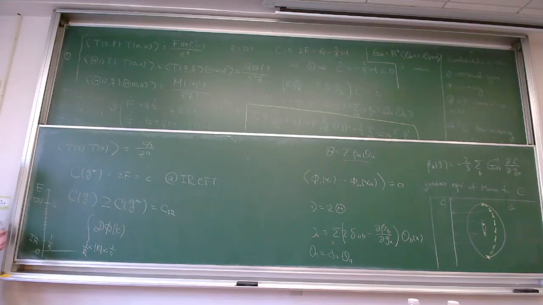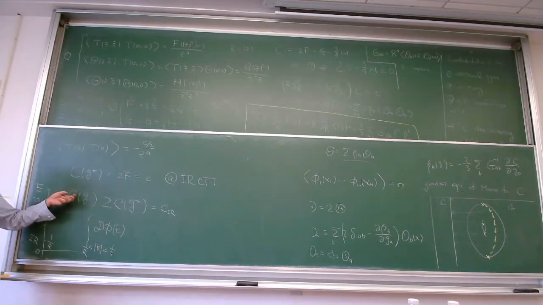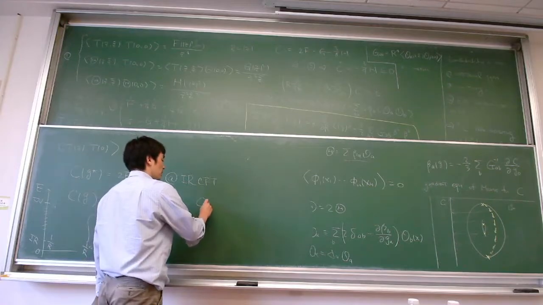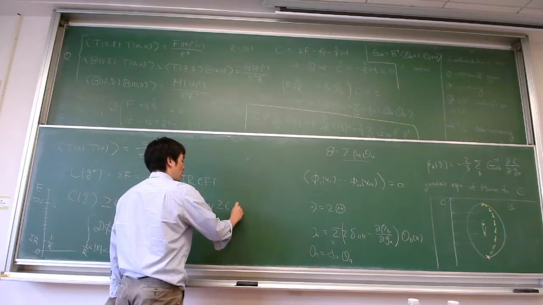So you integrate out, and you lose some information. So C can be understood as the quantity that encodes the physical degrees of freedom of the theory. So therefore, you always have C UV greater than C IR.